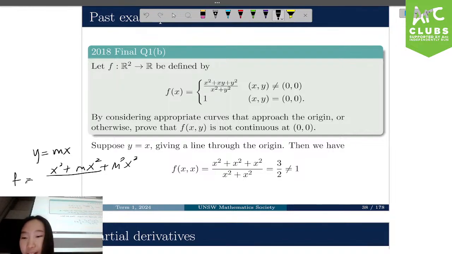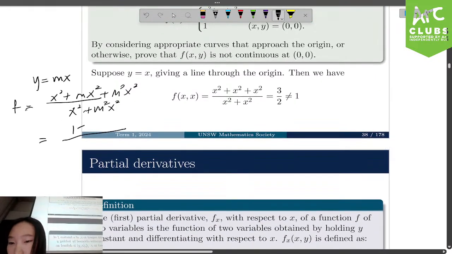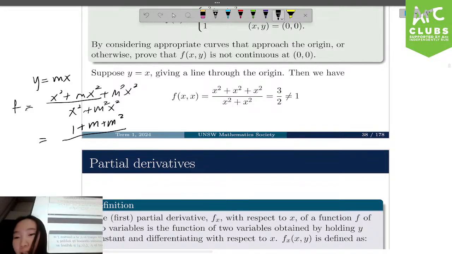And for our denominator, what we have is x squared plus m squared x squared. We can cancel x squared, which gives us (1 plus m) over (1 plus m squared).